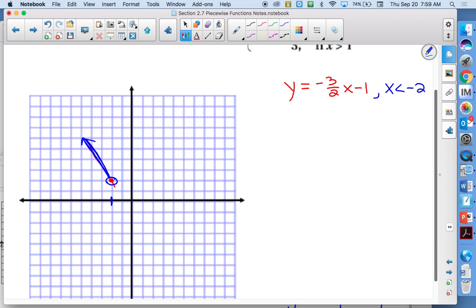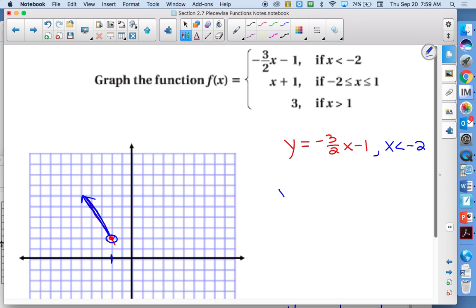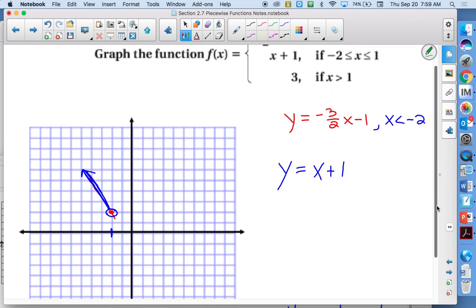Now we're going to try it again. We have a second equation, and that second equation says x plus 1. Just like Julia said, to graph you start with the y-intercept. This y-intercept starts at positive 1. It has a slope of 1, so we're moving up 1, right 1.